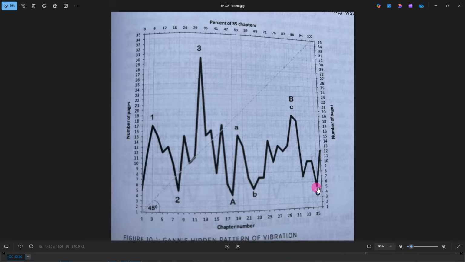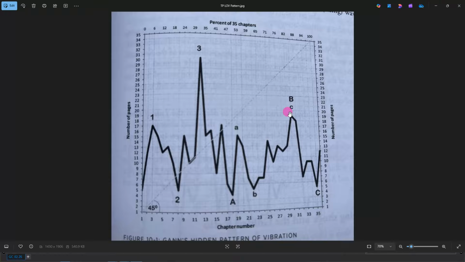Now, from the prior videos, you will remember that what we really want to do is be able to identify the wave 3, the wave A, and the wave B points, and there are key points there. Remember in the prior videos, I mentioned that in a pattern the wave B is generally going to show between 80 and 85%.